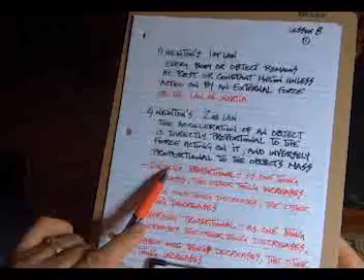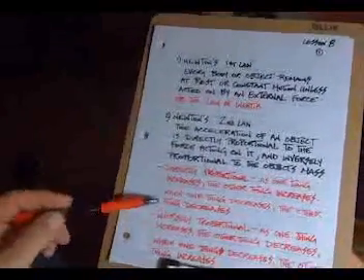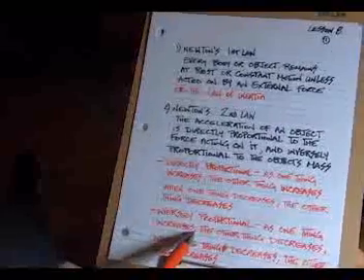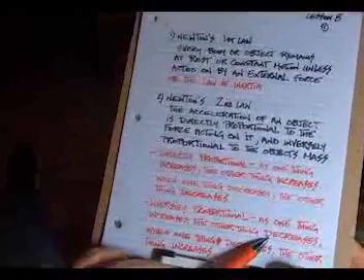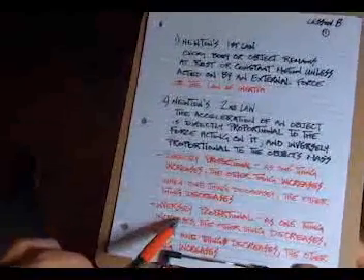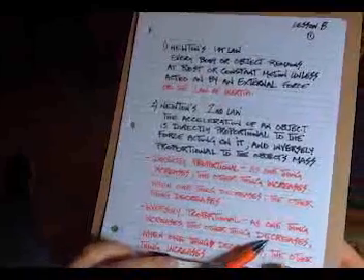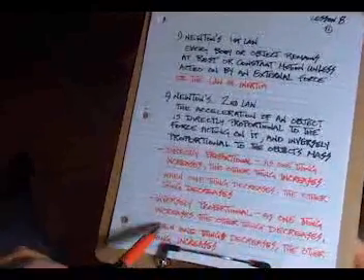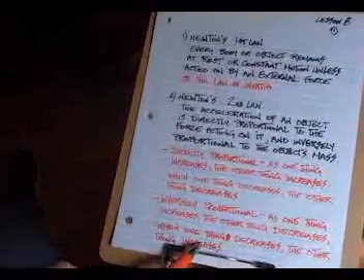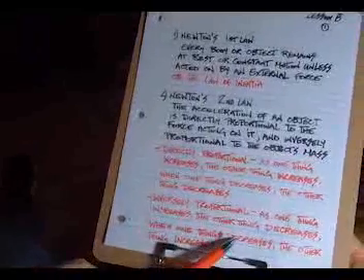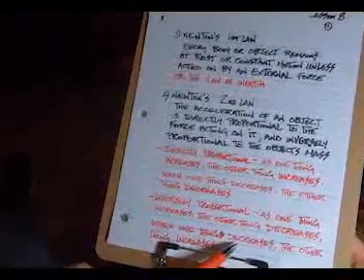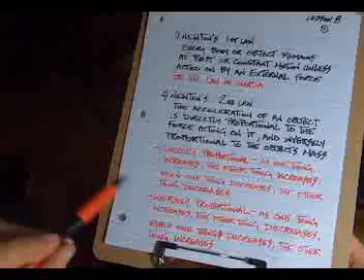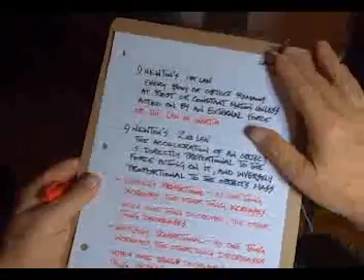Inversely proportional is one thing will increase, the other decreases. As mass increases, your acceleration decreases. When one thing decreases, the other increases. As mass decreases, acceleration increases. So that's the second law.